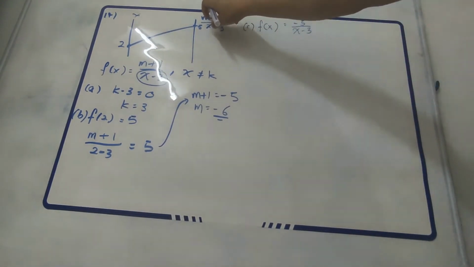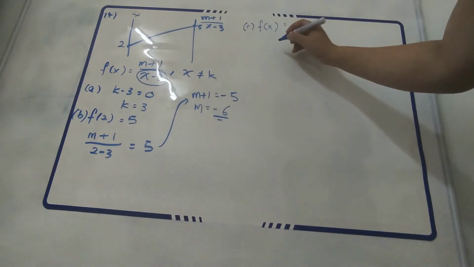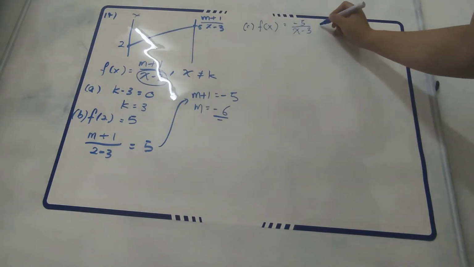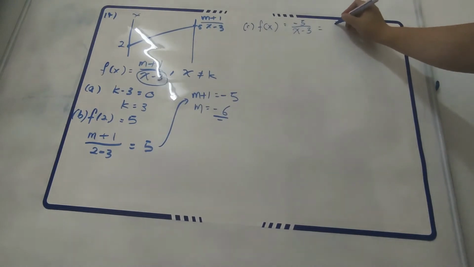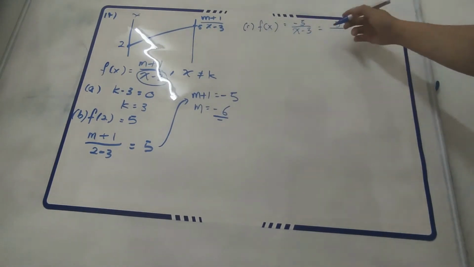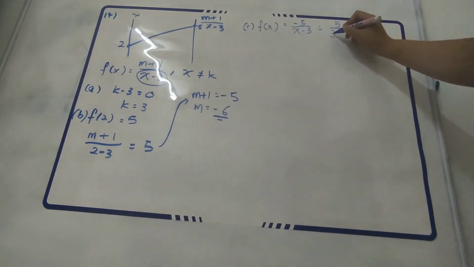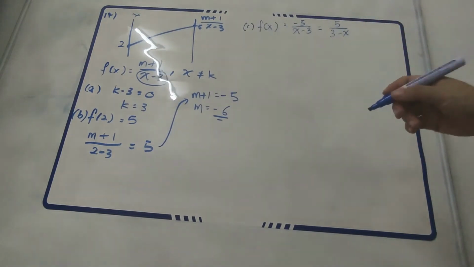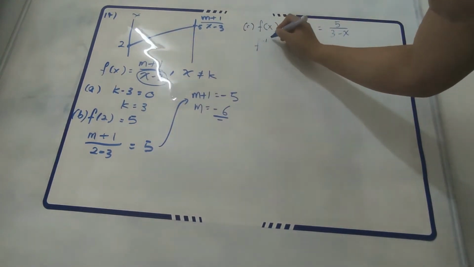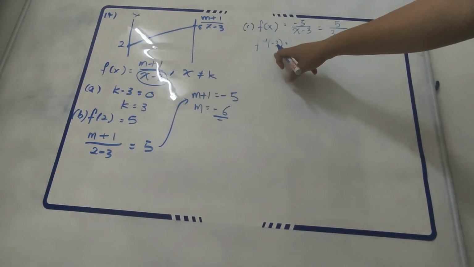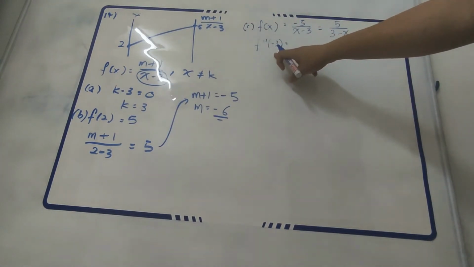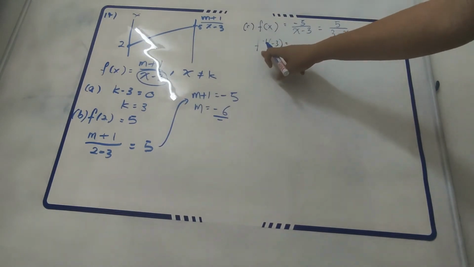To make it easier, rewrite the negative form into the positive form, which becomes 5 over (3 minus x). The question asks what is the inverse function f with the variable minus 3.